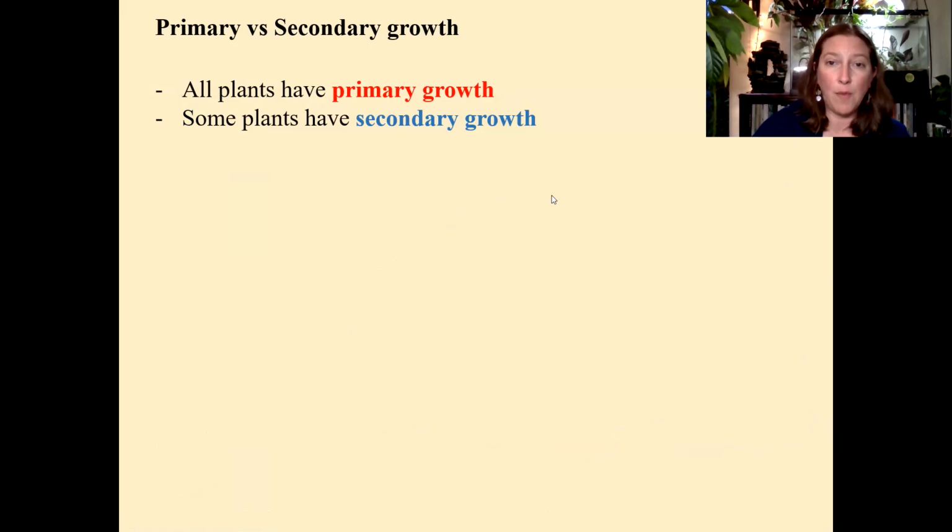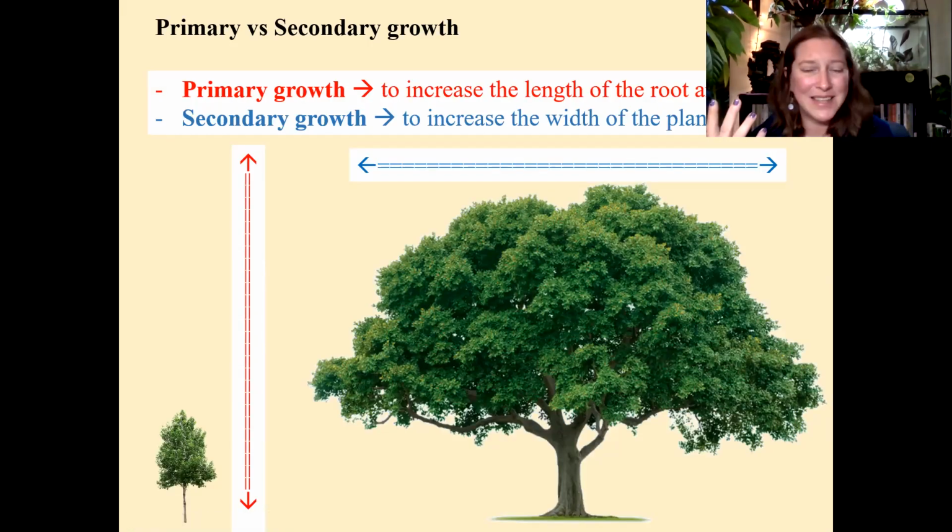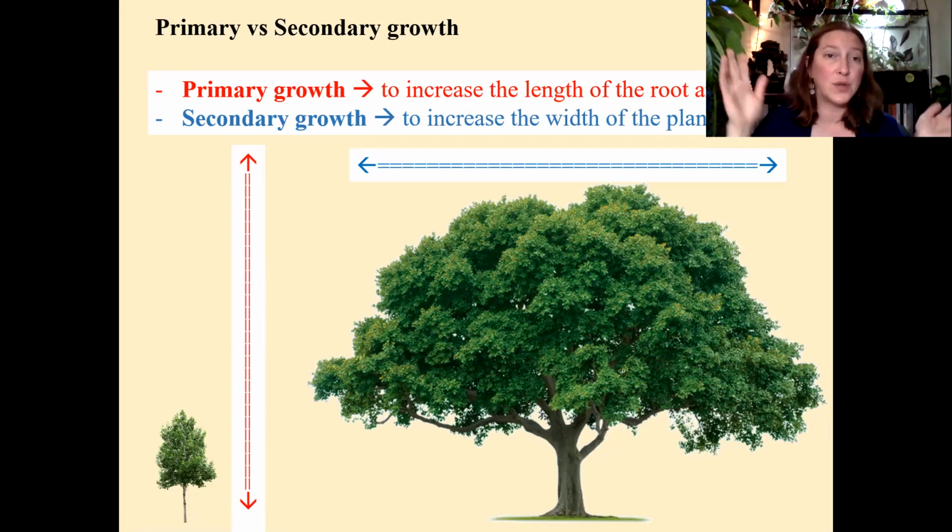If we go back to this slide, that makes sense because think of a grass. A grass really doesn't need to get thick. A grass just needs to be a grass and grow and do its little grassy thing, but it's never going to need to get thick like this tree that we see here.